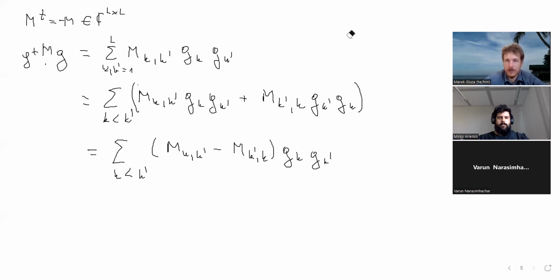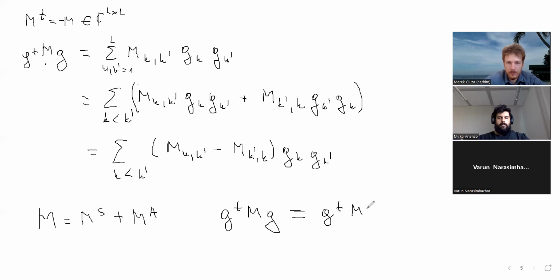So there is a lot of redundancy, because if I split the matrix M into the symmetric part plus antisymmetric part, then g transpose M g is actually equal to g transpose M antisymmetric part g, because the symmetric part will vanish.